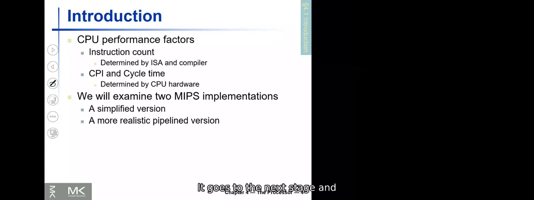It goes to the next stage, and the next instruction comes into the pipe in every clock cycle. So if we look at these 2, both of them have a CPI of 1. So what's the difference? Why are we saying that the second one is more advanced?